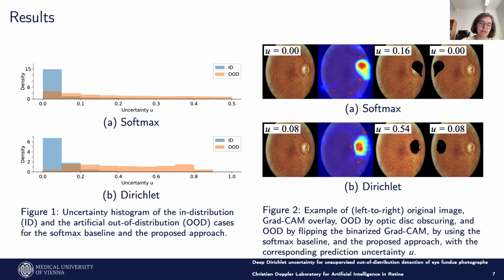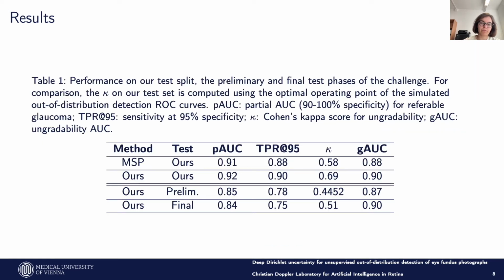These OOD samples, as I said before, were generated, as can be seen here on the right, by occluding the regions most activated by the GradCam, and the uncertainties for these images are indeed higher than for the original ones, and for the images that have a different region occluded, which shows that the uncertainty is a viable metric for identifying non-diagnosable images.